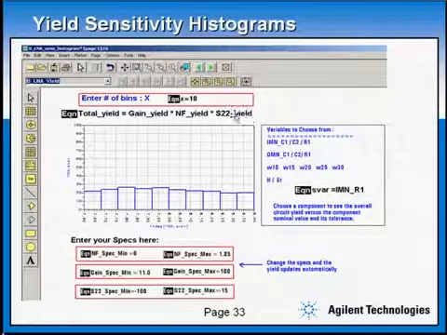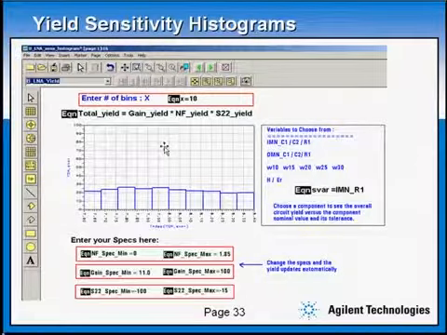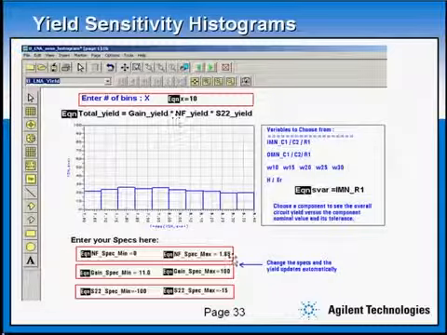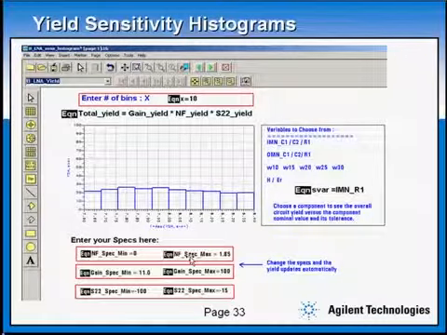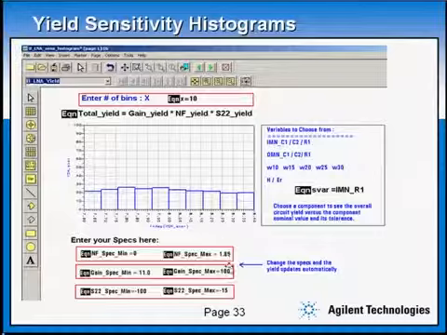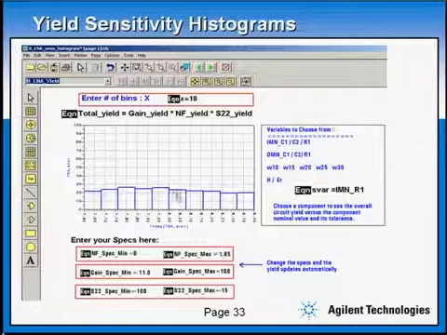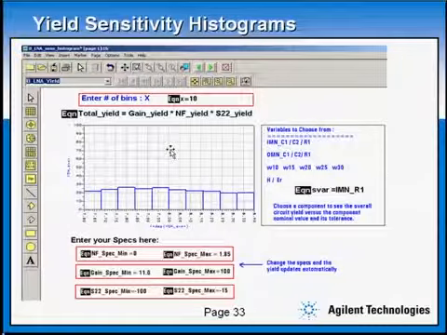Okay, and this is looking at the total yield, the gain, the noise figure, and the S22 specs. You can take one out and it will update your yield relative to 2 specs or relative to 1 spec. You can even change your specs. Like I put here, noise figure spec is 1.85 dB. I can relax my spec.